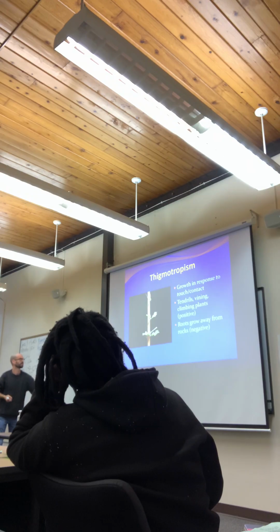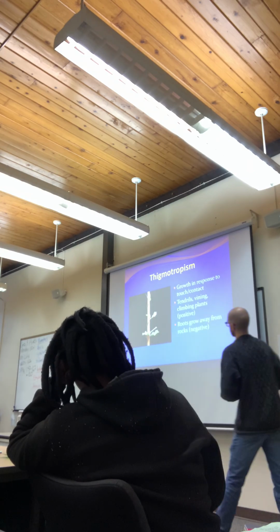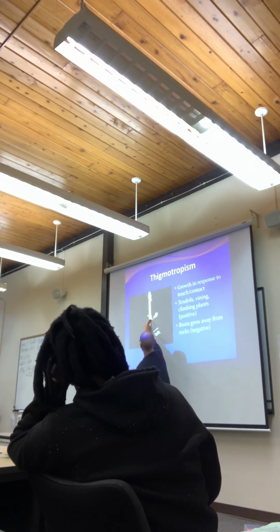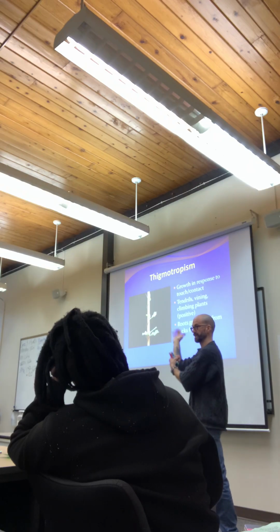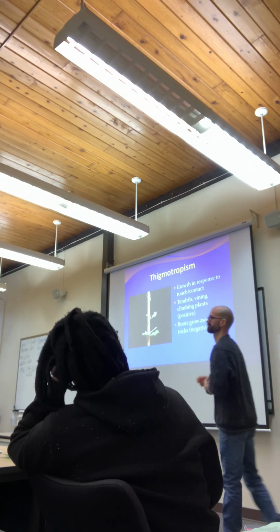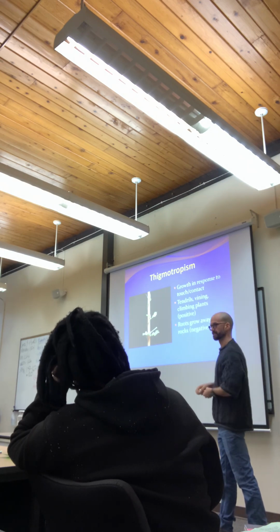So here's another tropism. Thigmotropism is contact or touch. Tendrils on vine plants are a great example. As it touches the stake, the response is to go toward that stimulus, toward the stake, then wrap around it, grab onto it, and curl, and that gives it support.